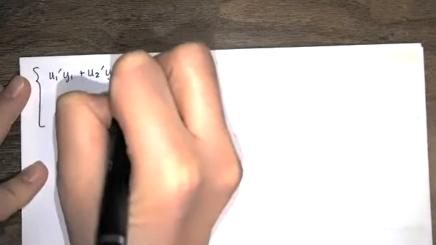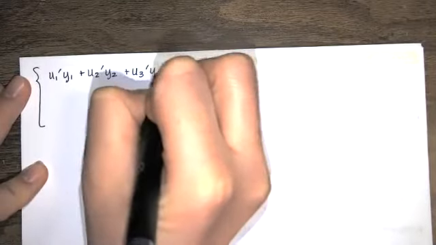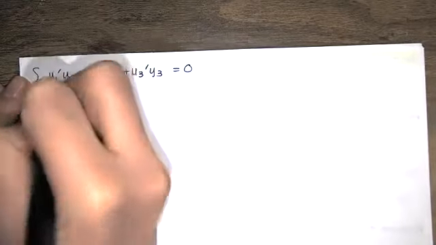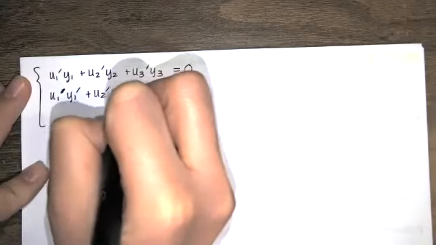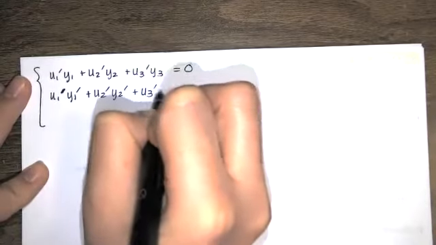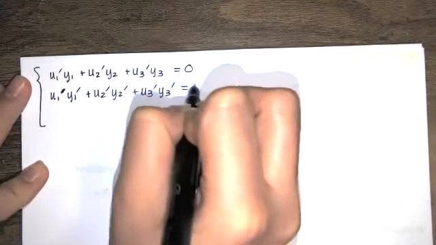And they are u1 prime y1 plus u2 prime y2 plus u3 prime y3 equals 0. And then our second assumption was, u1 prime y1 prime plus u2 prime y2 prime plus u3 prime y3 prime equals 0.